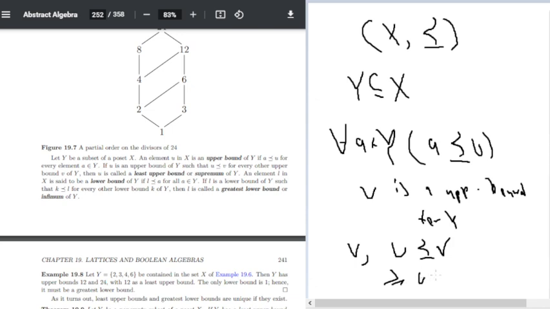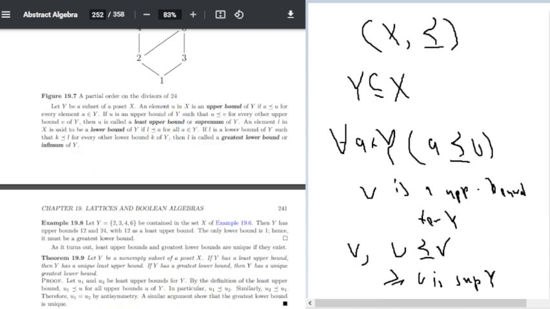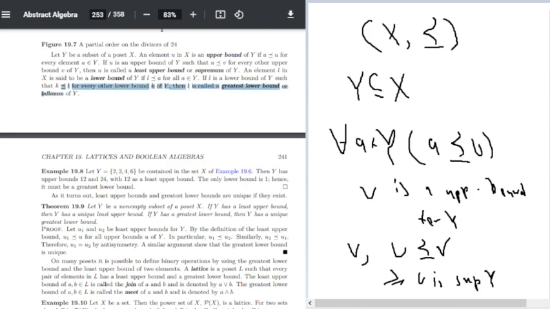And similarly, an element L in X is said to be a lower bound if L is less than or equal to a for all a in Y, and if L is the lowest lower bound of Y, such that k is greater than or equal to L for every other lower bound k of Y, then L is called a greatest lower bound, or infimum, of Y.